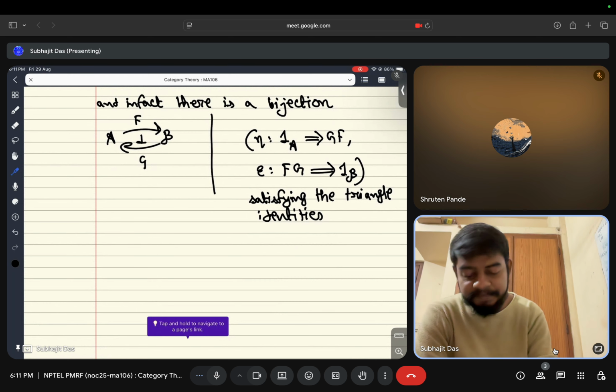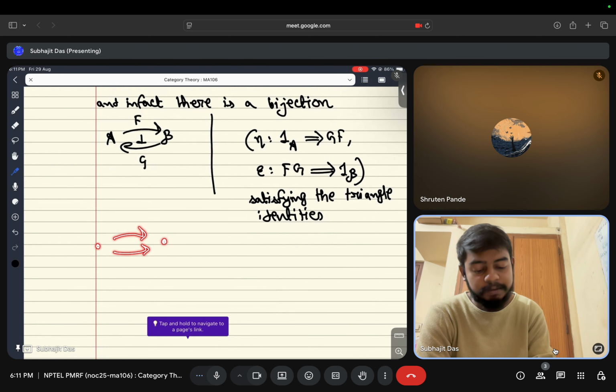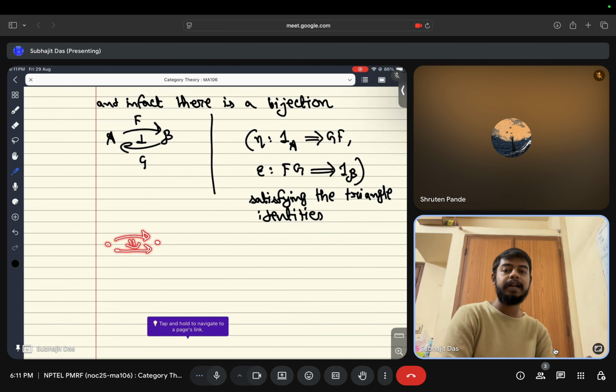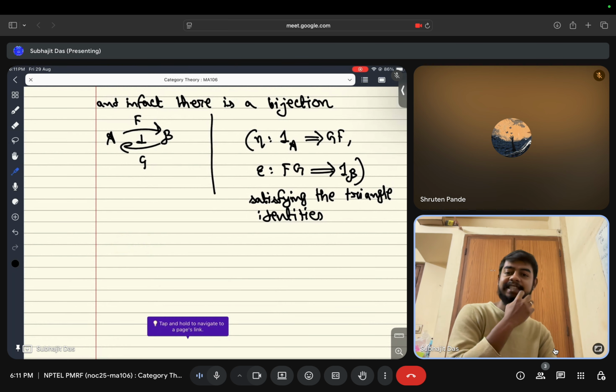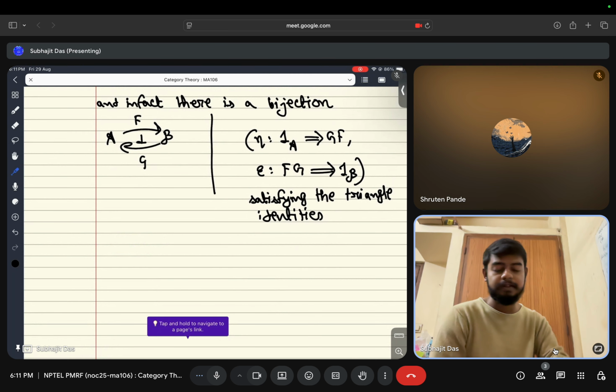For example, if there are two arrows from an object to another object, you might also ask for a notion of an arrow from the upper arrow to the lower arrow. So this is like a two-dimensional arrow which has as its domain and codomain one-dimensional arrows.